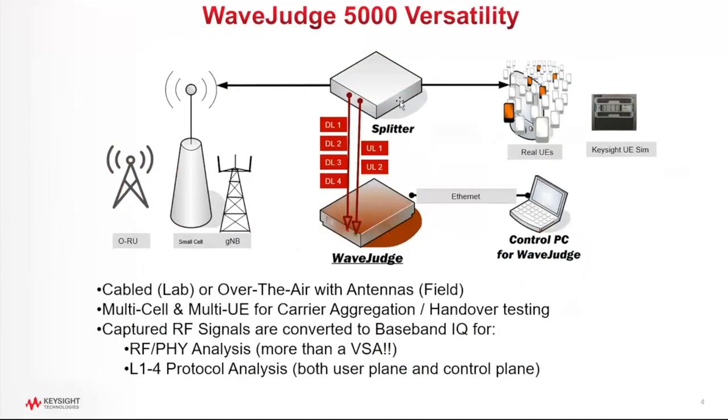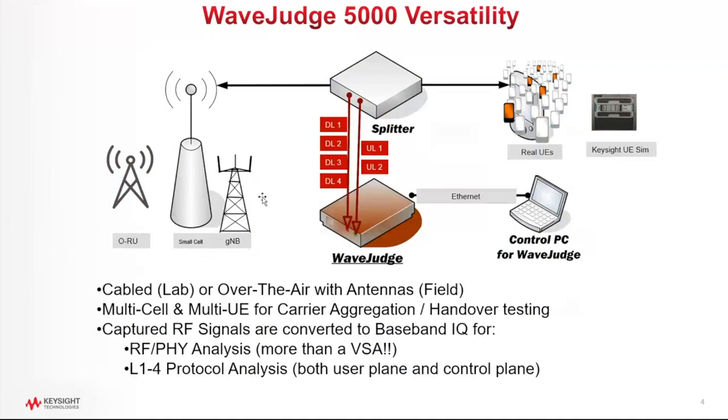And here is essentially what the WaveJudge actually does. In a 4G or 5G network, I show you that we have some base stations on the left. A base station could be an eNodeB for 4G, a gNodeB for 5G, a small cell, or even O-RAN. We support the O-RAN technology as well.